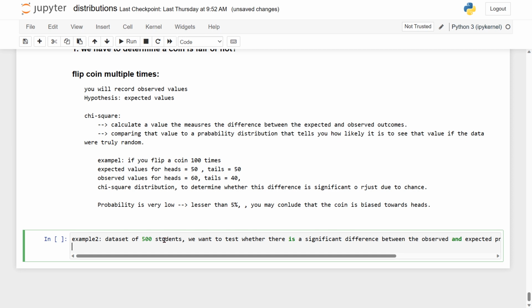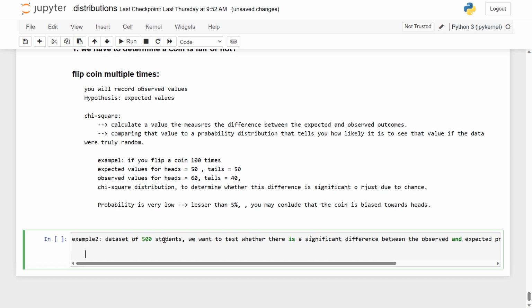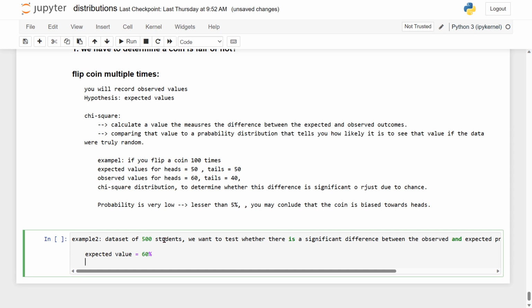It's similar to that. So our expected proportion is equal to 60%. Then the expected frequency would be 60 percent times, obviously, the total number of students, 500.